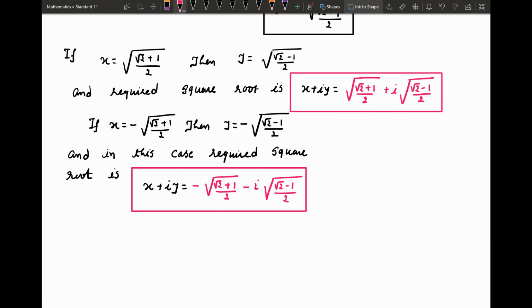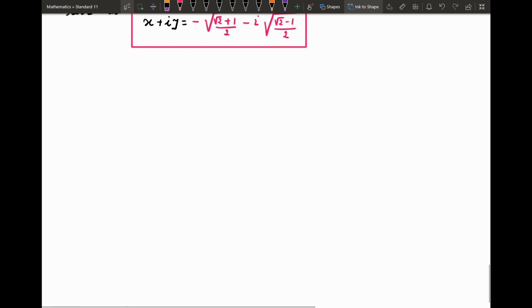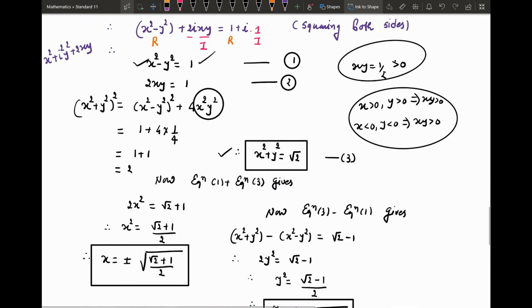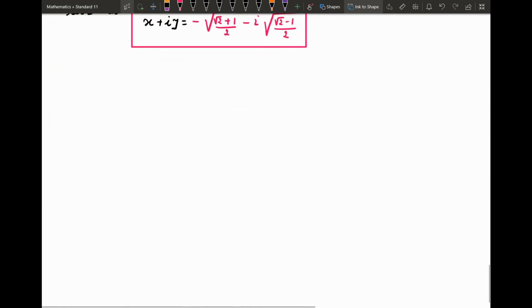We take the next example. Example 4. Evaluate (i raised to 18 plus 1 upon i raised to 25) whole cube.